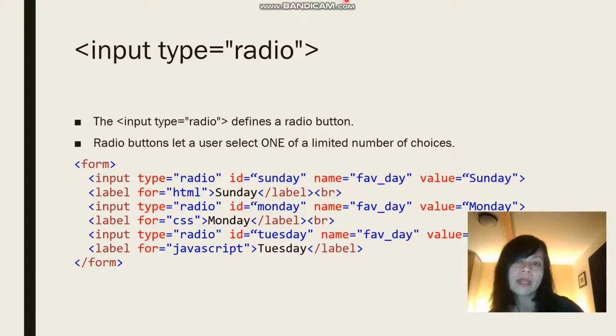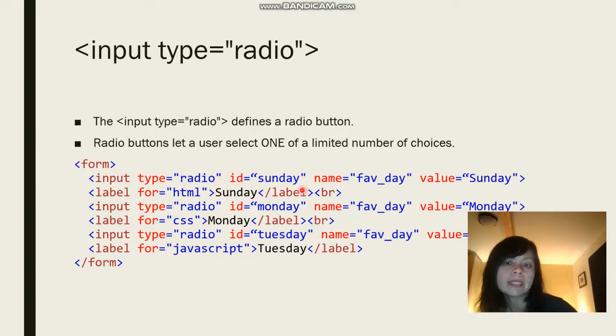All right, so the next one is the radio type. Sorry, not element, the radio type. The input type radio defines a radio button. Radio buttons allow a user to select one of a limited amount of choices. Let's say we've already created the form, and we're going to have input type radio.